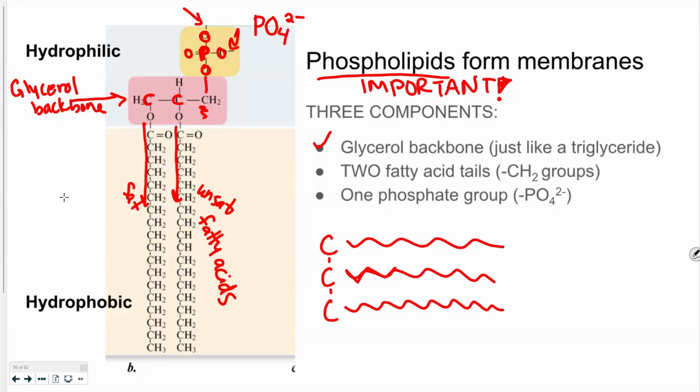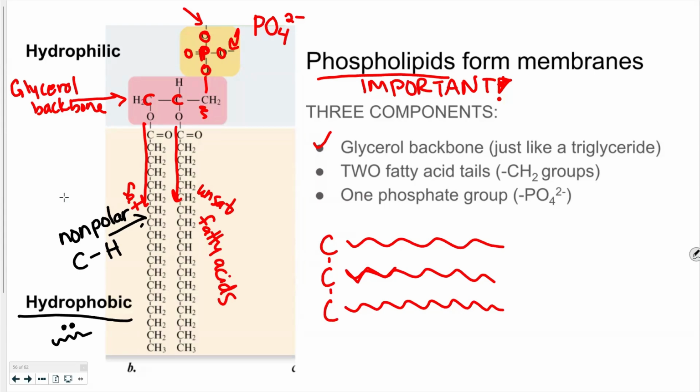So our fatty acid chains, we know how they feel about water with all of these non-polar bonds. So they are going to be hydrophobic. I'm so scared of water. So scary.